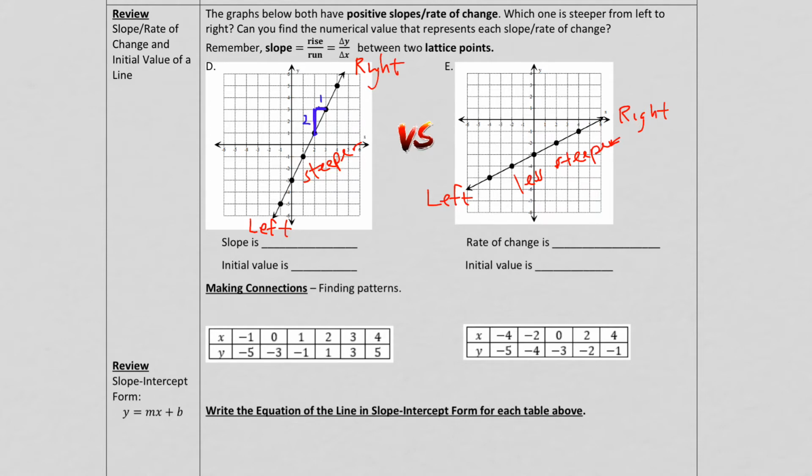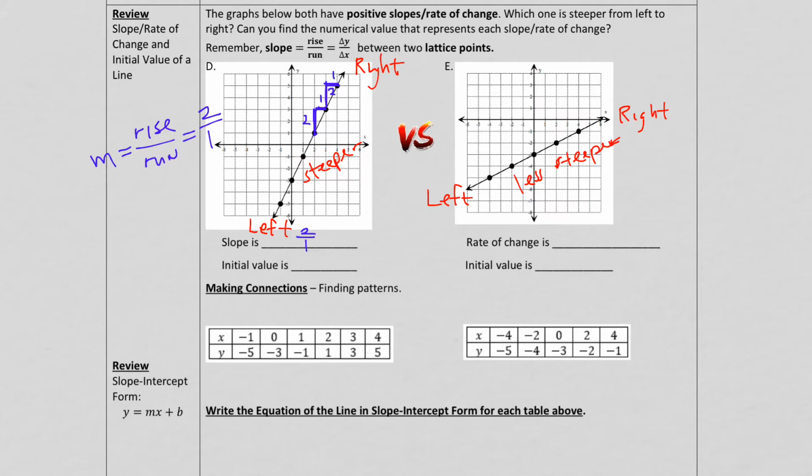I can do this over and over again, so I can do another one, and I'm going to have the exact same rise 2, run 1. The slope is the rise over the run, think of the little slope triangles. So in this case, it's 2 over 1. My slope, which we're going to use the variable m for, is 2 over 1.